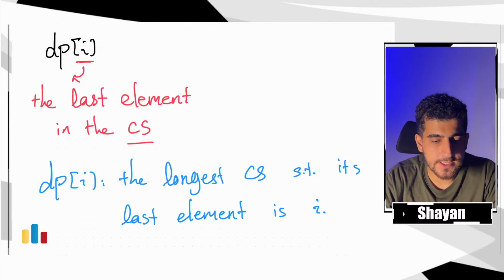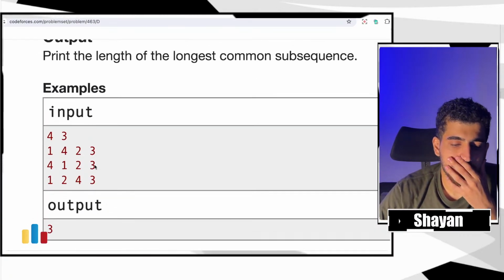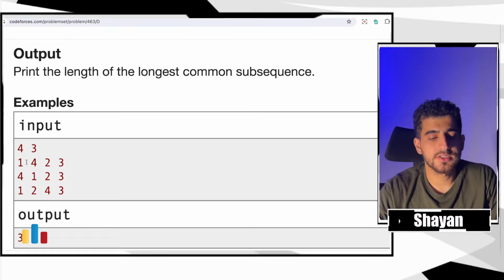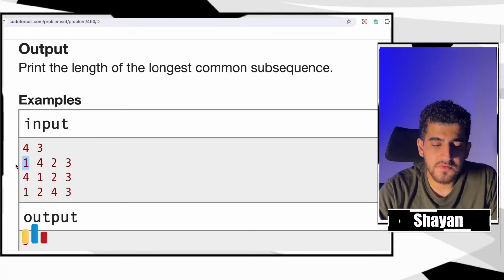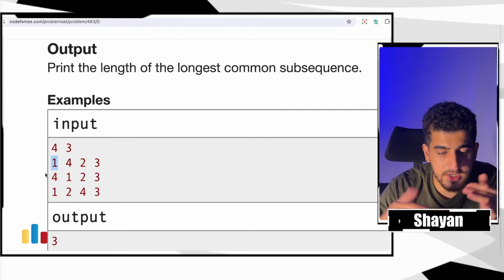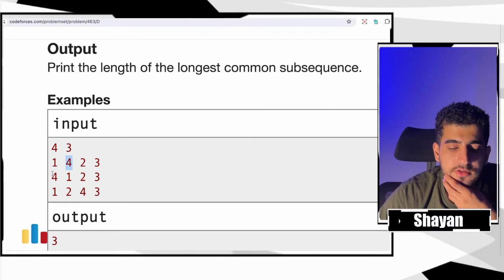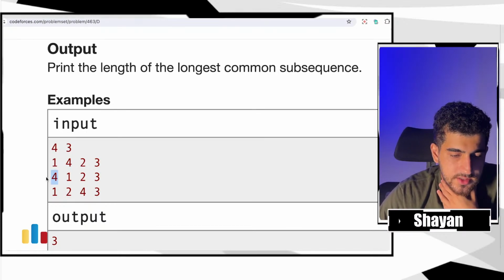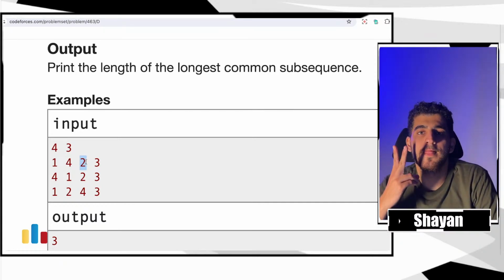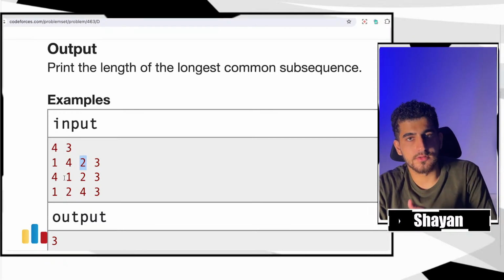For example, in here I can define dp of 1 as the longest common subsequence such that its last element is 1. So this is 1 because we know that the only subsequence that is common in all of them and ends with 1 is 1. dp of 4 is also 1 because nothing can come before 4. dp of 2 is 2 because I can have 4 and 2 or I can have 1 and 2.